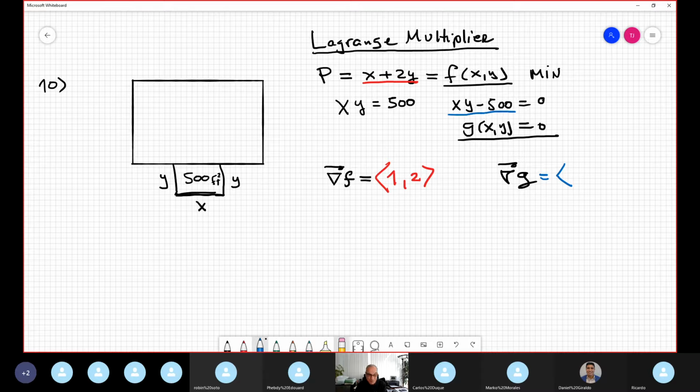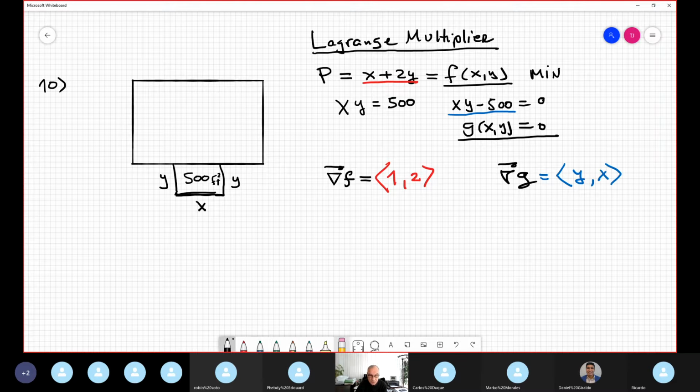This is my function g, and the partial derivative with respect to x is y, because you consider y a constant. When you differentiate x with respect to x you get 1, and y stays because it's a multiplier. And 500 is another constant, and with subtraction the derivative is 0. Likewise, the partial derivative with respect to y is x. Okay, this is the gradient.